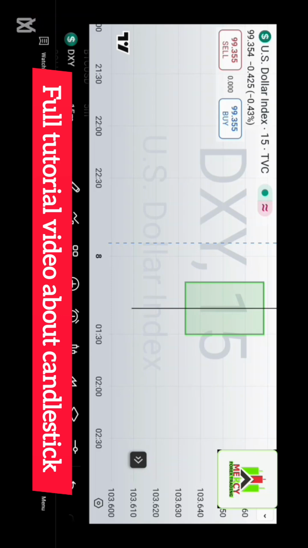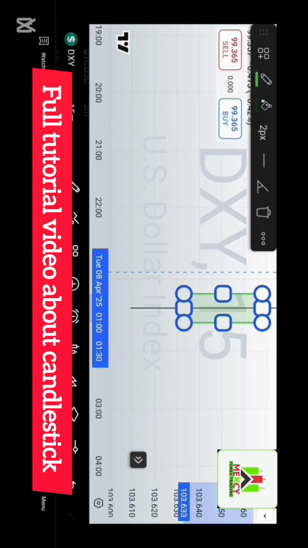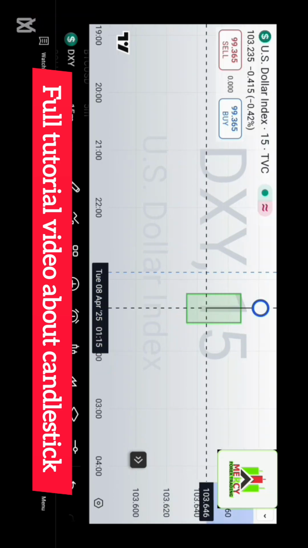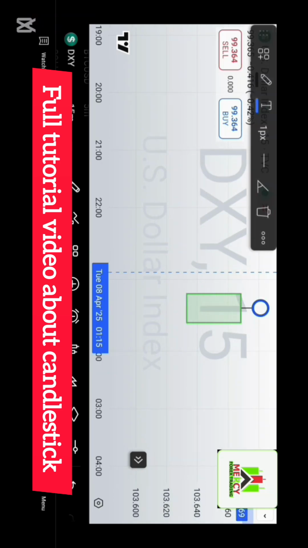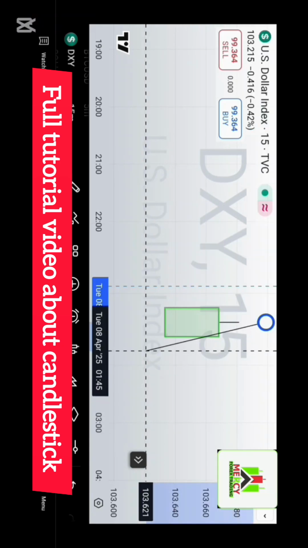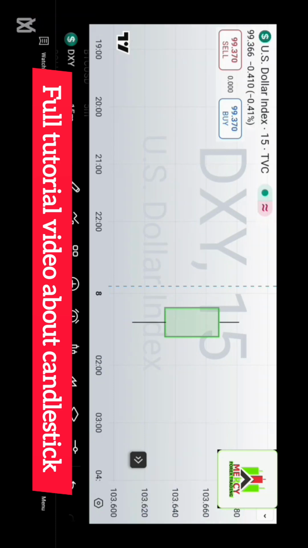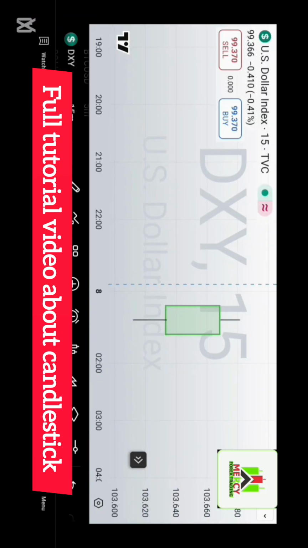Okay, let me just go back to the chart. This one is hard to draw.